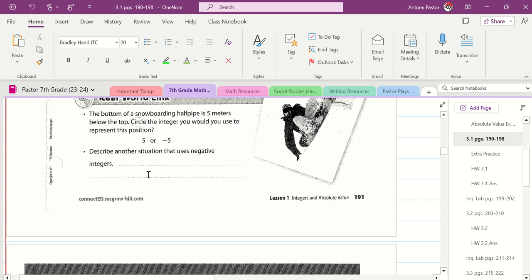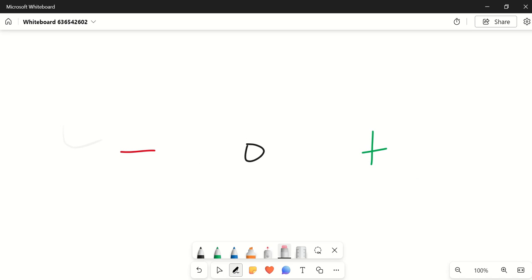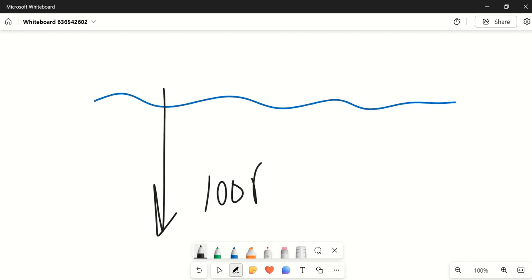Describe another situation that uses a negative integer. Using the word below, for example, like sea level. Let's say the wreckage is 100 feet below sea level. This would indicate a negative integer, negative 100.